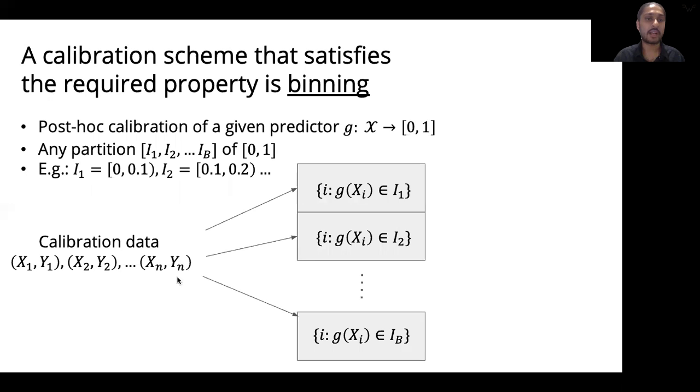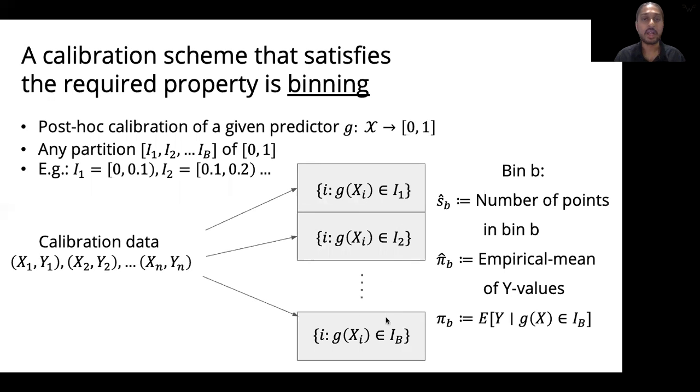Now we take some calibration data which is drawn independently of g, and we throw these points into the B bins. For every bin, we define the following entities for the calibration guarantee. S-hat_b is the number of points in bin b, and pi-hat_b is the empirical mean of the Y values in bin b. And pi_b is the thing that we're trying to estimate, which is the expected value of Y given g(X) in bin b.